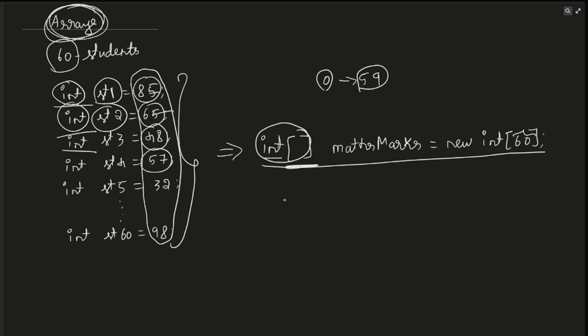Let us try to insert some 5 student marks. Maths marks 0 equals 85, 1 equals 65, and this will be the same reference variable. Second student marks is 48.